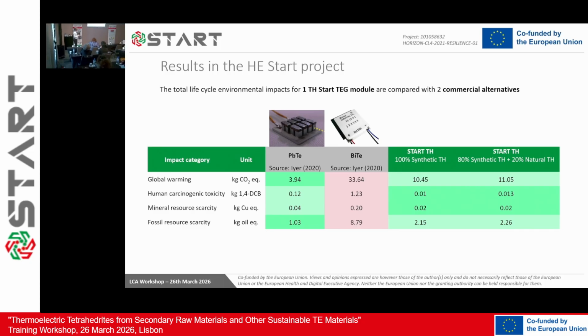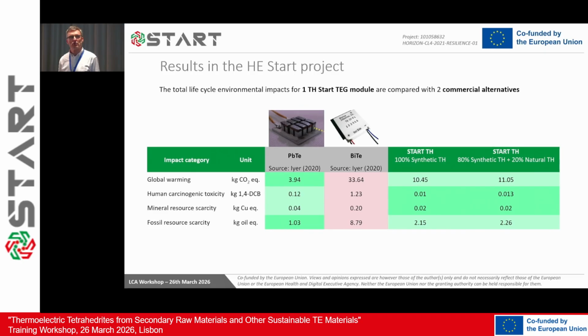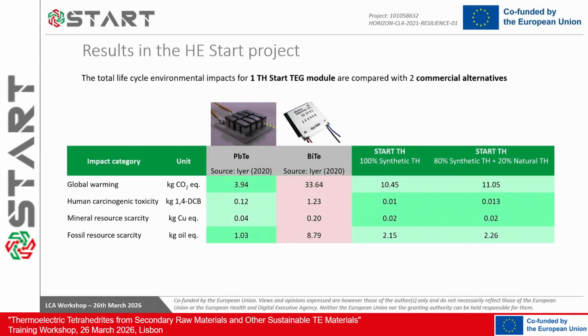One is using 100% synthetic tetrahedrite, and the other one is now 35% natural tetrahedrite, but when we did this it was 80% synthetic and 20% natural. But basically it is to assess the effect of introducing natural tetrahedrite compared to using 100% synthetic. And that compared to the leading alternatives commercially available, so the lead telluride and the bismuth telluride.